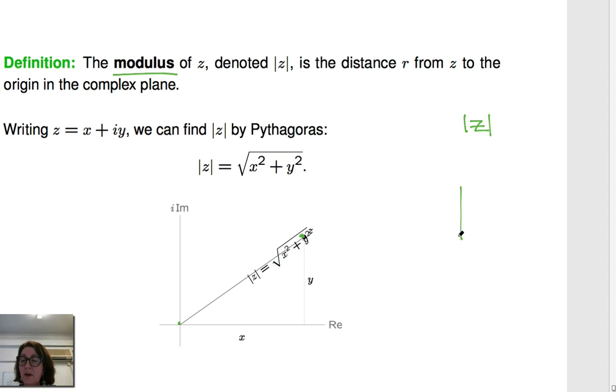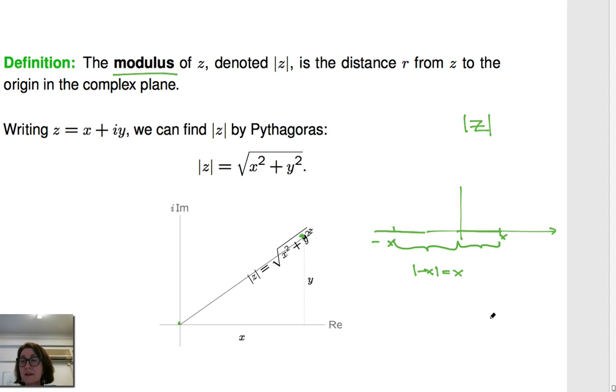Along the real number line, if this is our point x and we think about mod x, then it gives us the distance that we have to travel from the origin to the point x. If the real number is negative, so maybe we've got minus x over here, then mod of minus x is still the distance from the number to the origin, and so that's why we end up with a positive distance there.